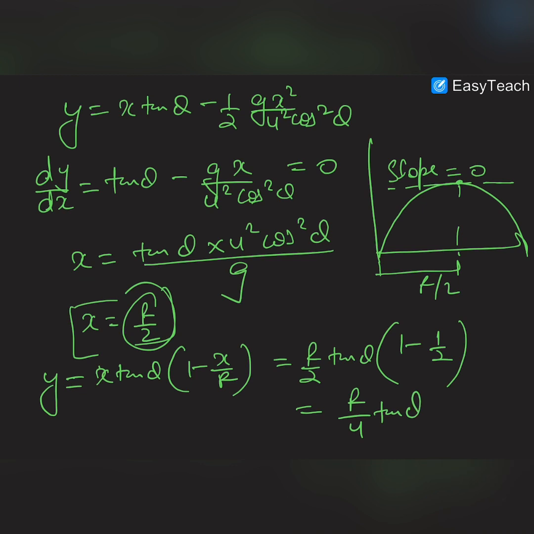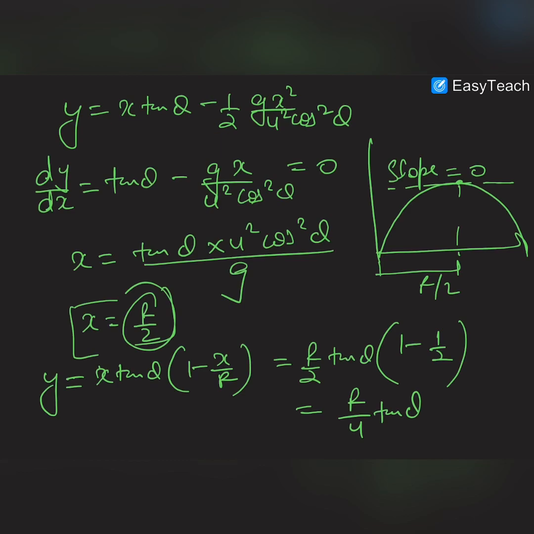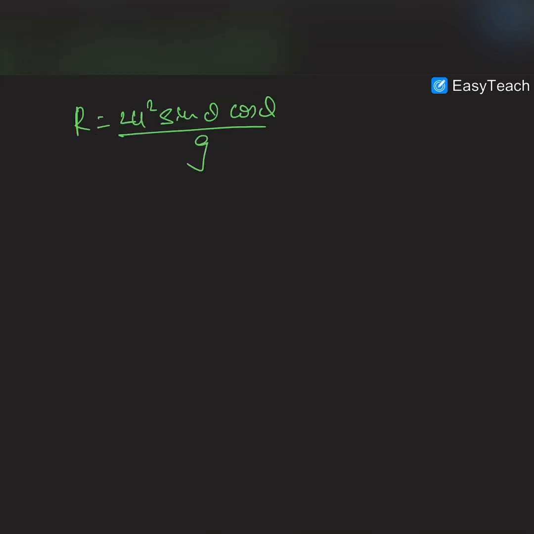Now we know the formula of R, and let us substitute the value of R. So R is equal to u square sin theta cos theta by g into 2. We know that y max, the maximum height h max, is R by 4 tan theta.